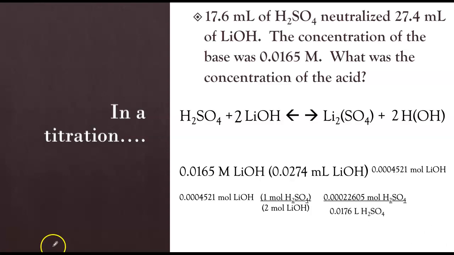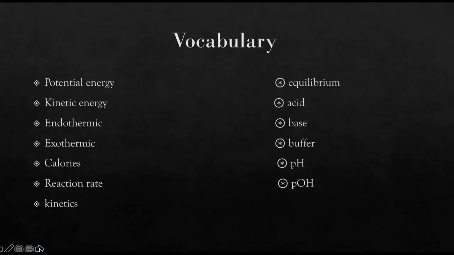And then, of course, I'm simply going to take those moles, divide by the liters. I converted 17.6 milliliters to 0.0176 liters, and that will give me the concentration of my acid. So I hope this helps you.